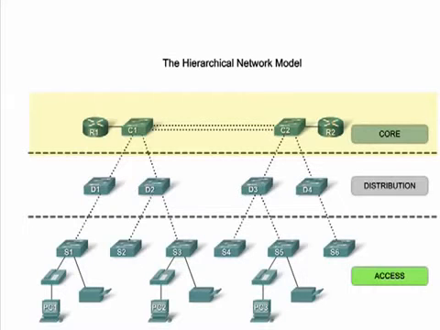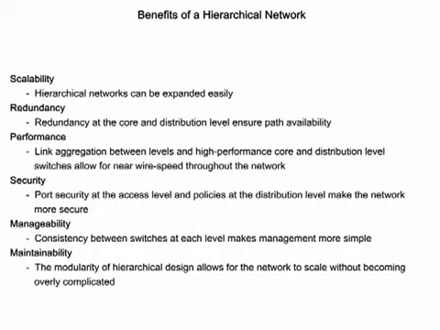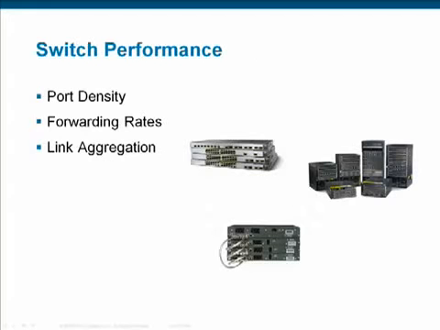An example of a network core is the equipment that ties together the multiple distribution layer switches in a multi-building campus. Benefits of a hierarchically designed model include scalability, redundancy, performance, security, manageability, and maintainability.